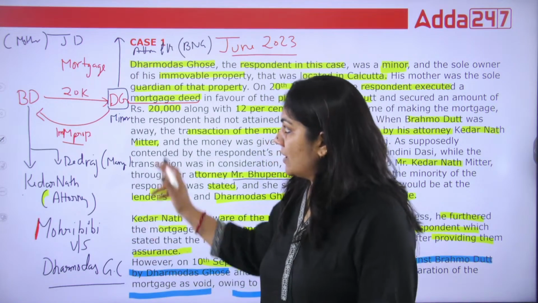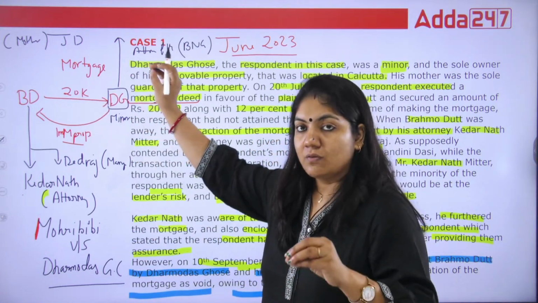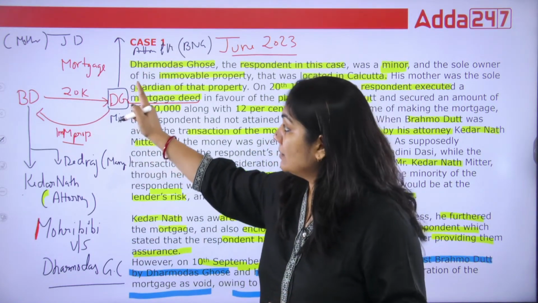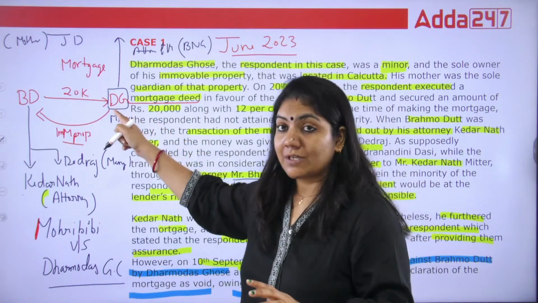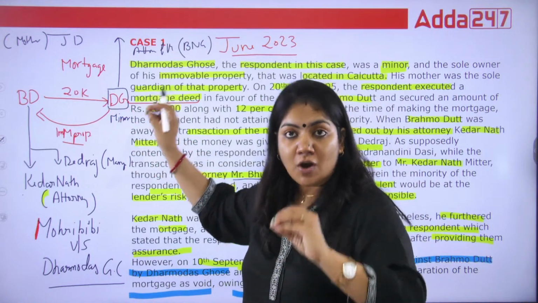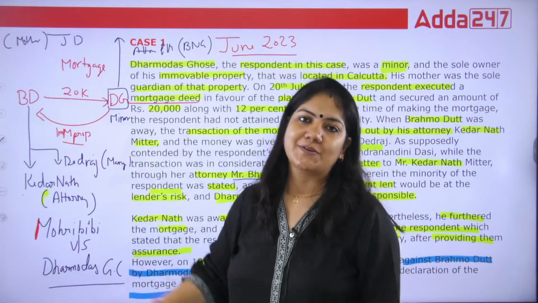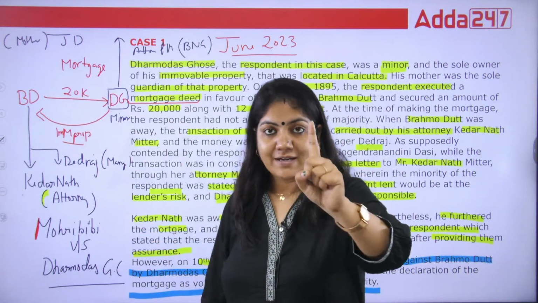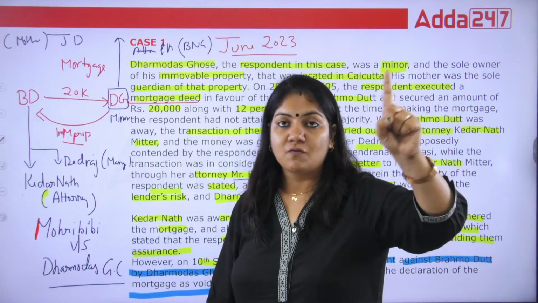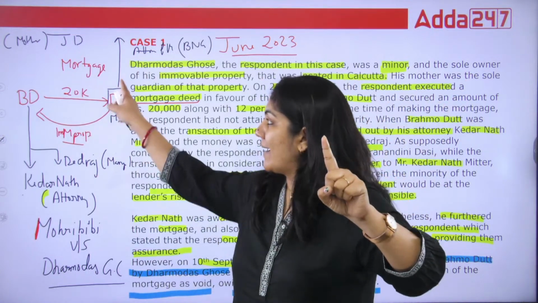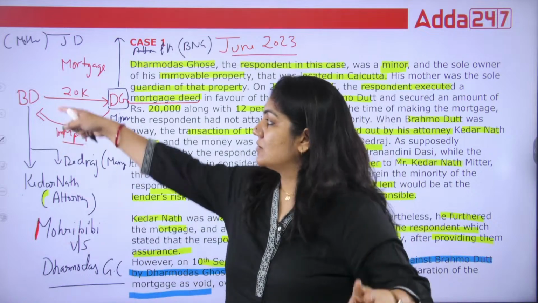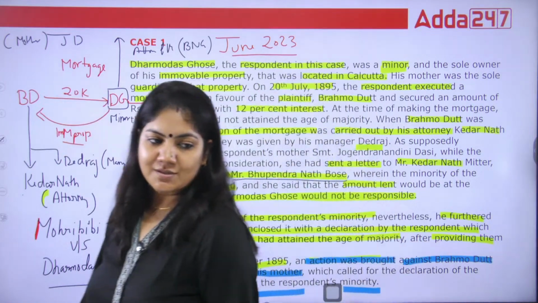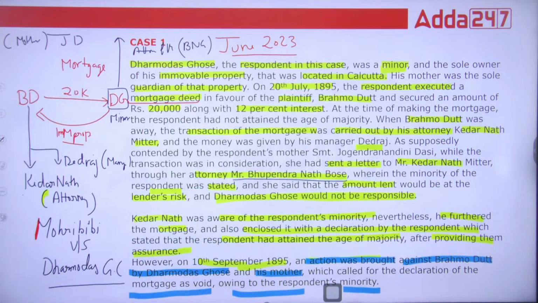That's why the contract is totally void and Dharmodas Ghosh, that is the minor, will not give money to this person. At that time it was held that the contract is void ab initio, that is void from the very beginning, and the minor will not give 20,000 rupees to this one. So this is the exact answer.